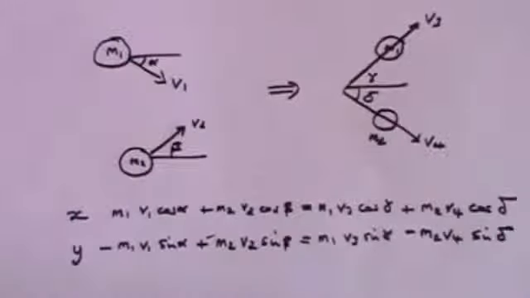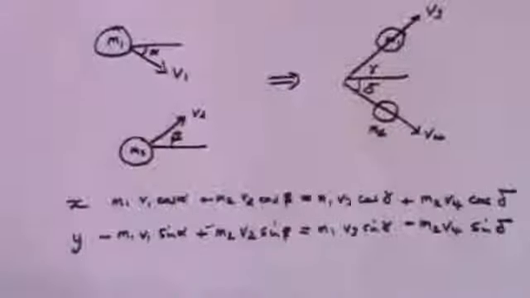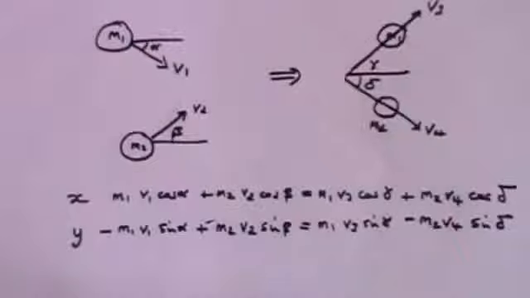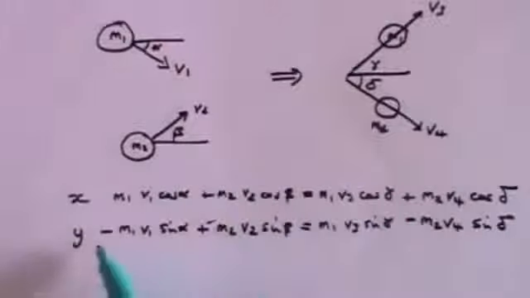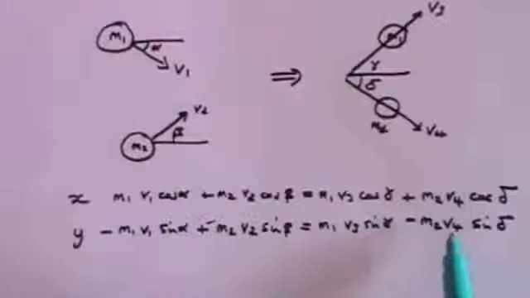If and only if the exam paper tells you that that collision is elastic, you can also add a third formula, which is that the kinetic energy before the collision equals the kinetic energy after the collision. But the important point here is that whilst momentum is a vector, and therefore you have to resolve it in the x and y directions, energy is a scalar, and so you don't have to resolve it.